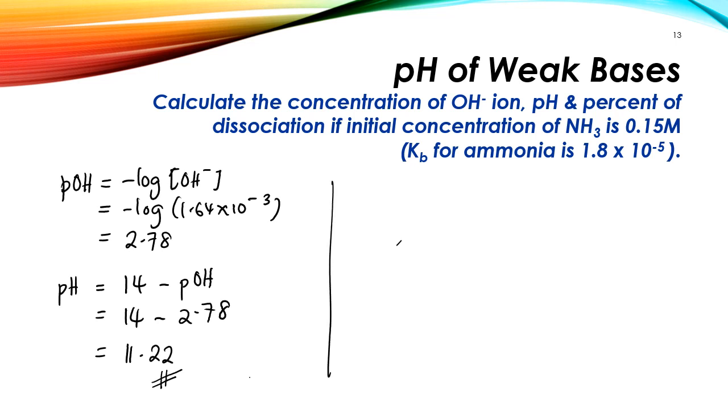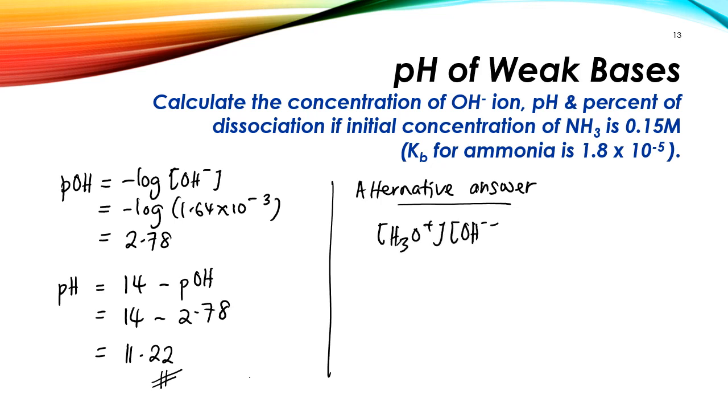That is, the alternative way to determine the pH or the concentration of H plus using the Kw, which is the concentration of H3O plus times the concentration of OH minus equals 1 exponent negative 14.